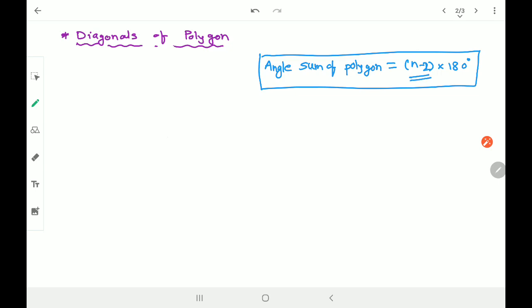It is n minus 2 into 180. I hope you can remember it. So now, if you have any kind of polygon like a hexagon or maybe an octagon, you can easily find the sum of all the angles of that octagon, right? The formula is n minus 2 into 180. Number of diagonals.